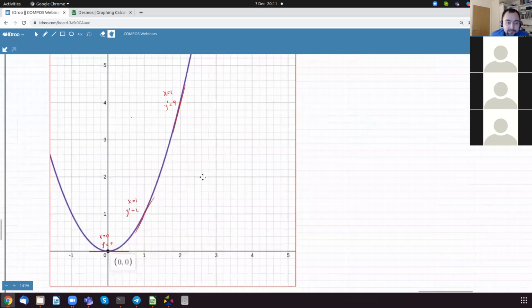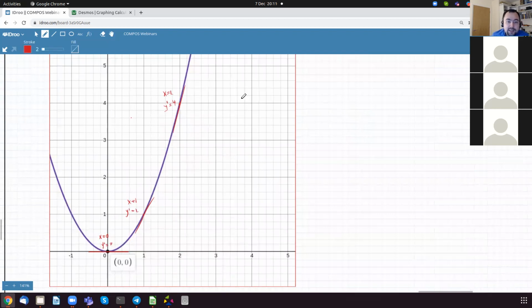And the formula is that if y is equal to x to the power of n, the gradient of that function is going to be n multiplied by x to the power n minus 1.